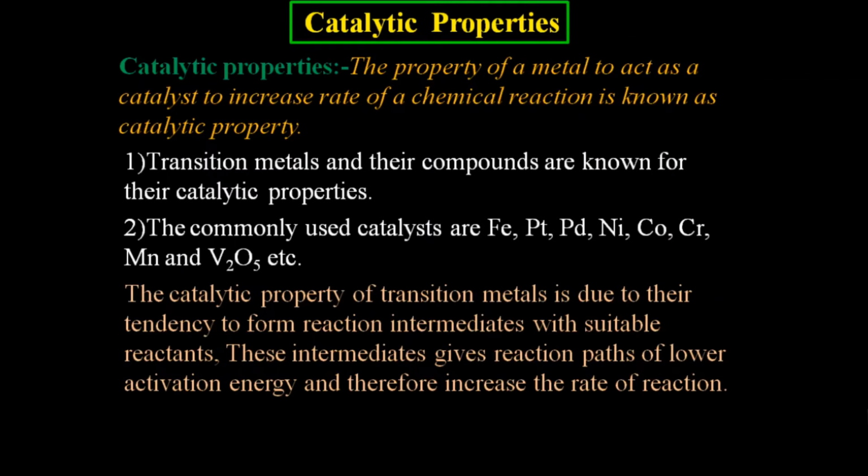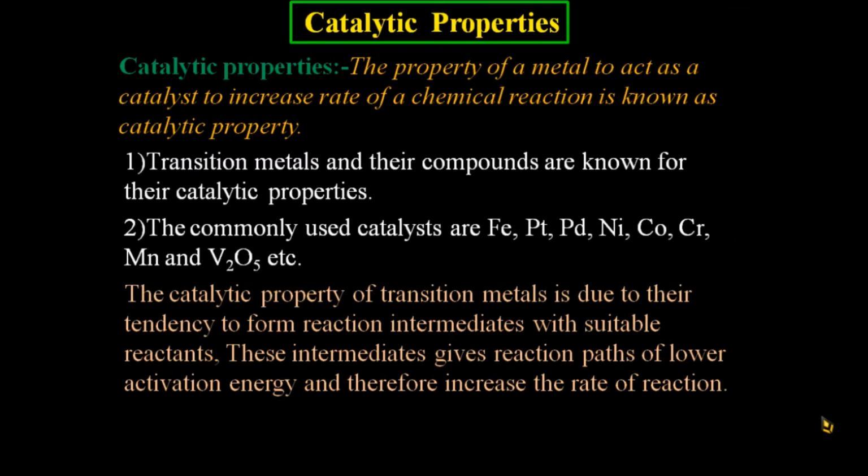The catalytic properties shown by the transition series elements are due to some reasons. The first one is that the catalytic property of transition metals is due to their tendency to form reaction intermediates with suitable reactants. These intermediates give a reaction path of lower activation energy and therefore increase the rate of reaction.